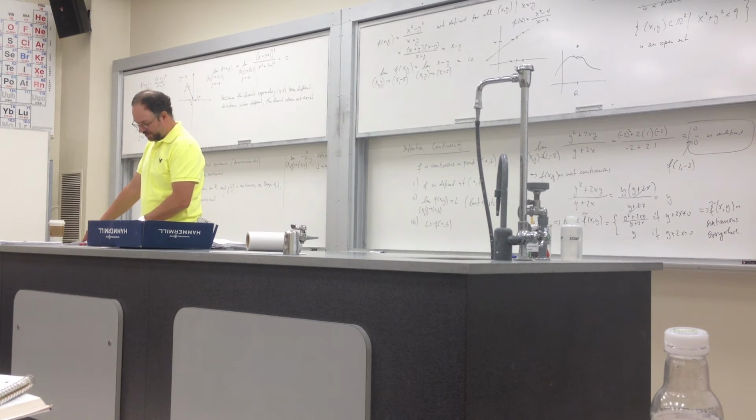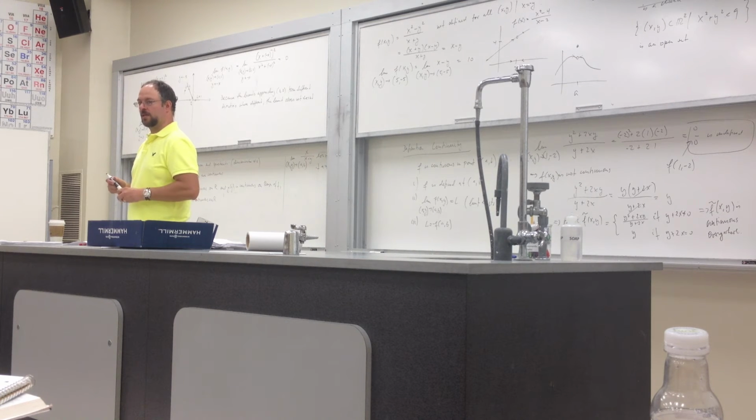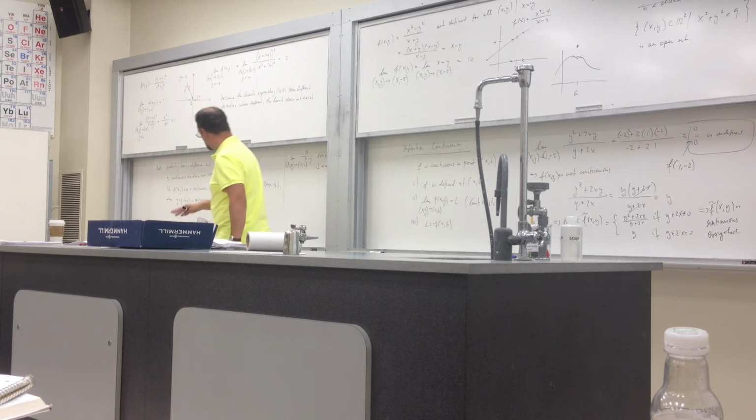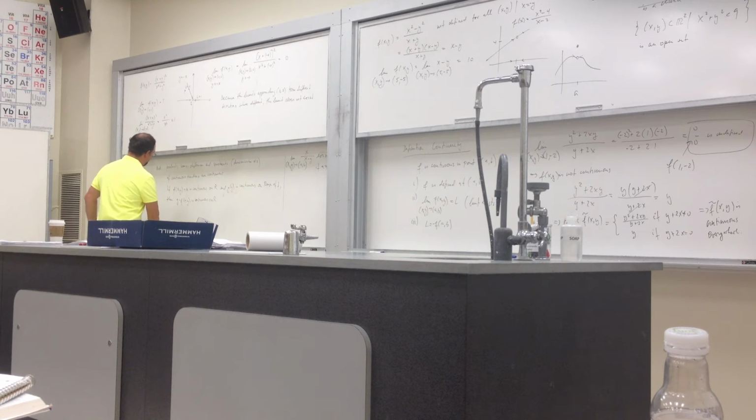f of x and y does not exist. So if f is not continuous, does it mean that the limit of f of x and y, as x, y goes to a, b, does not exist? Is that true? Let me write this down. f of x and y is not continuous at a, b.